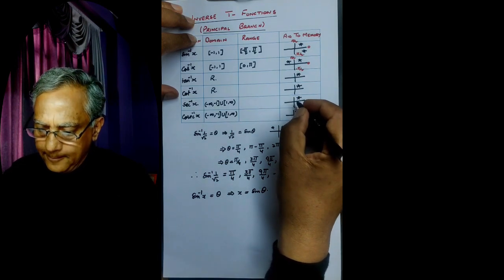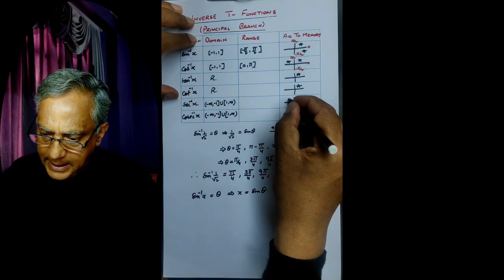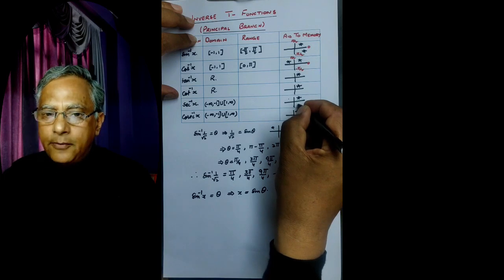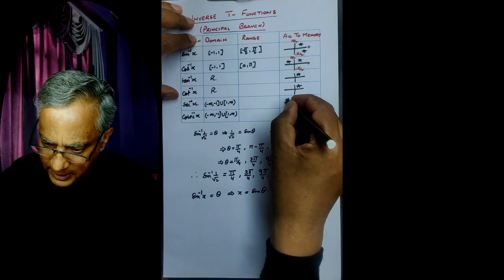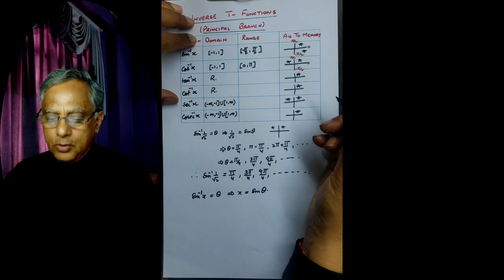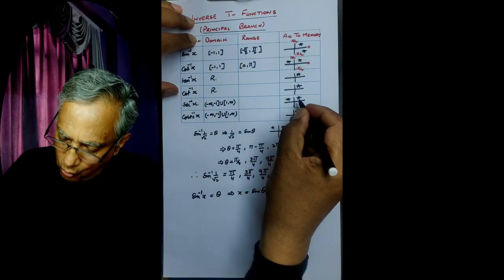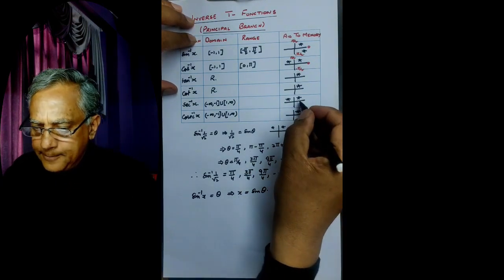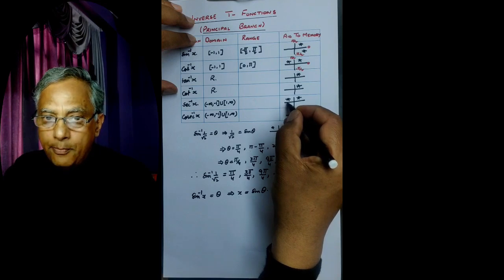Secant theta is negative in this quadrant and positive in this quadrant. So negative values will be taken from this quadrant. So what we get is the range 0 to pi.